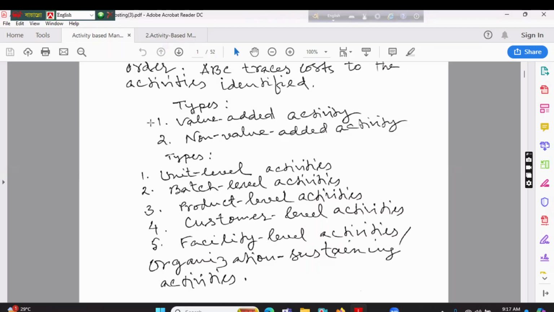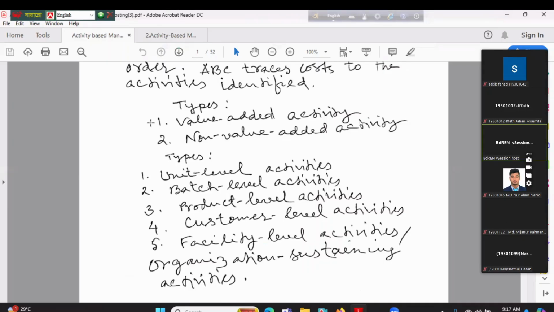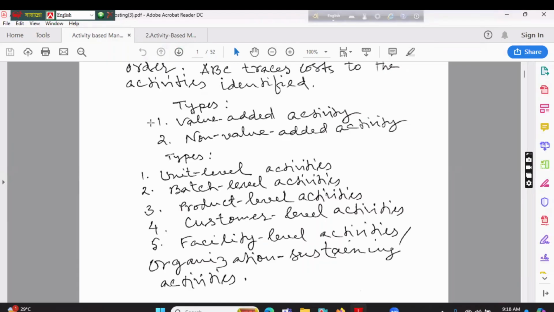This is for the purpose of cost reduction. Management Accounting, Hansen and Mowen, page numbers 388, 389. Value-added activities and non-value-added activities.